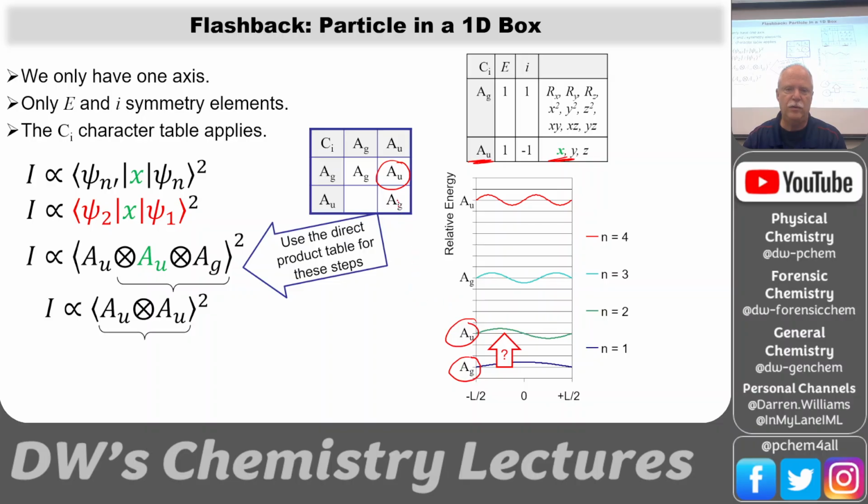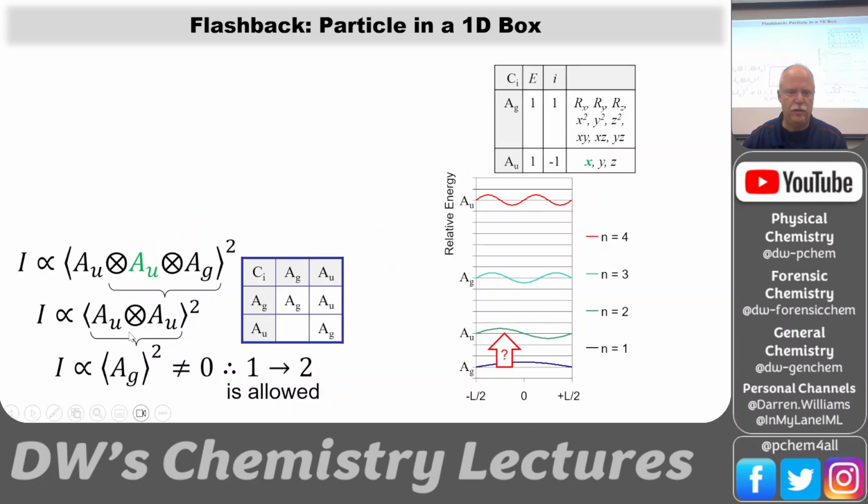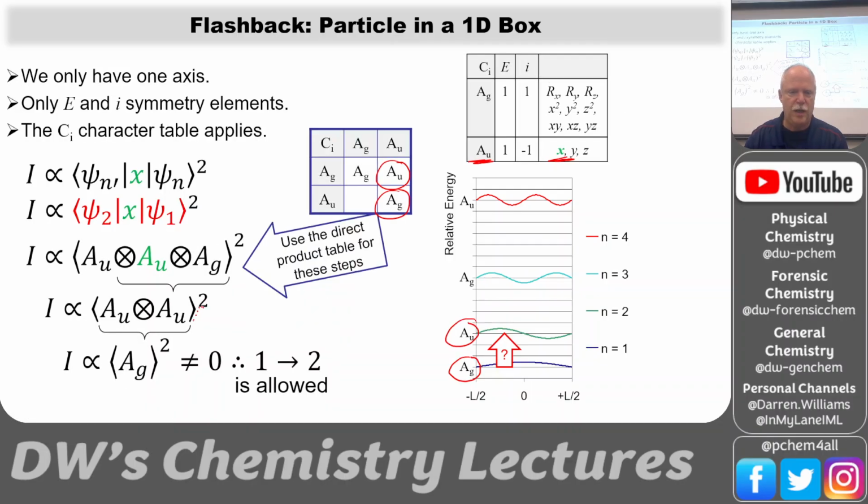So that's this one right here. That equals Ag, and that's the top row of our character table. So this integral is not 0. I'm just going to say top row here. So the 1 to 2 transition is allowed.